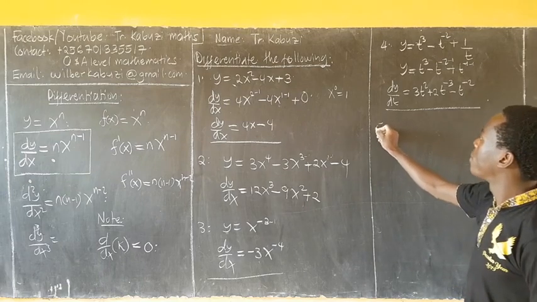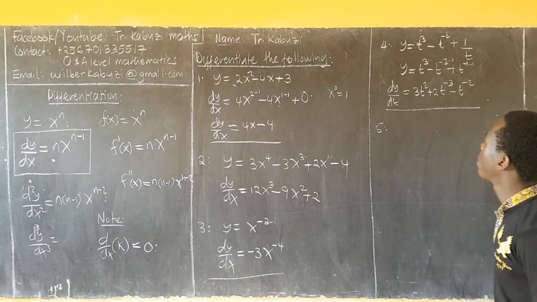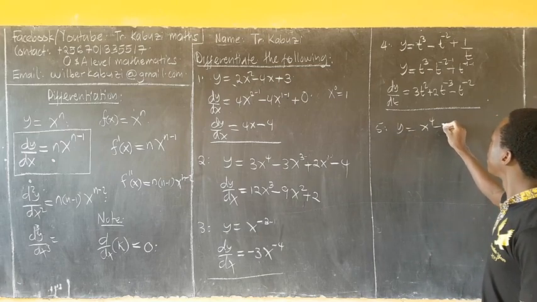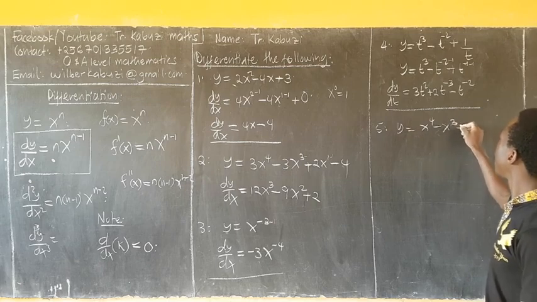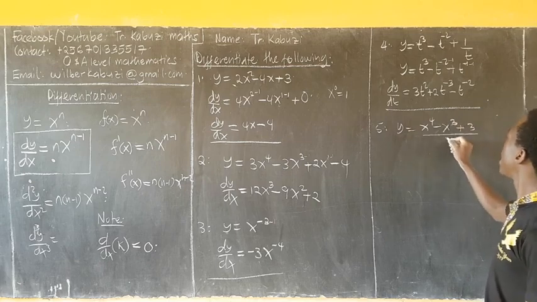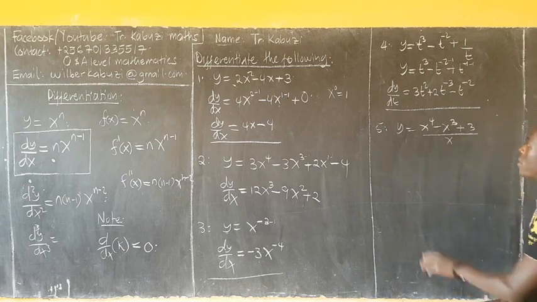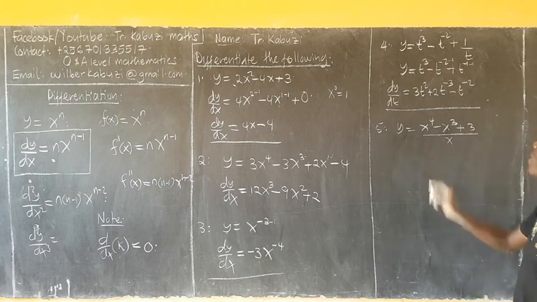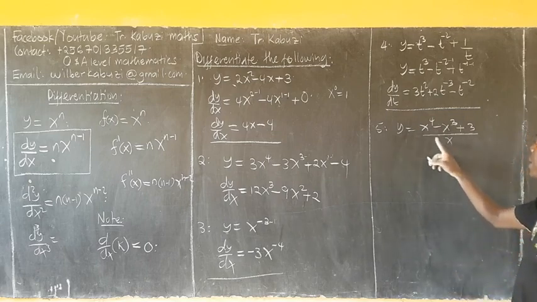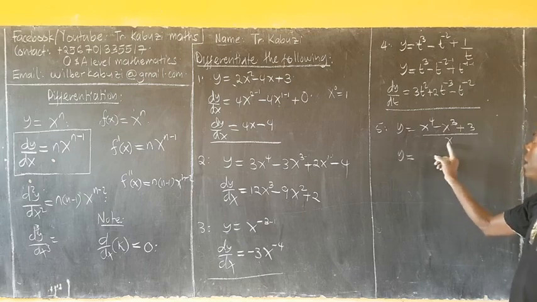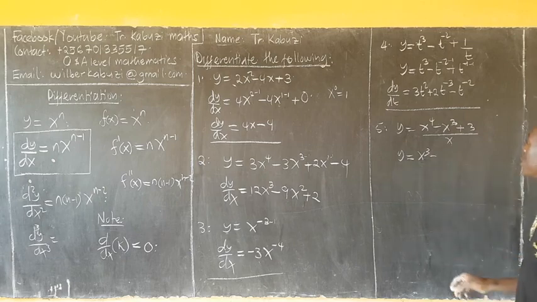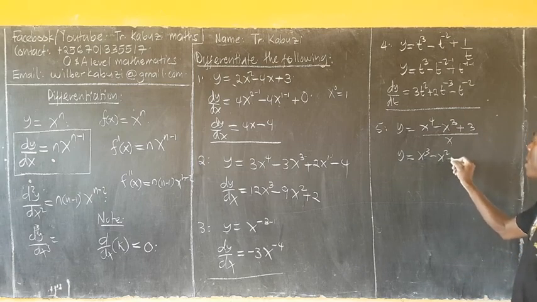In number 5, I'm going to mix. I have y equals x power 4 minus x power 3 plus 3, the whole over x. Now instead, we have something divided, so you can start by separating. x divides x to the 4 to give x cubed, x divides x cubed to give x squared, then plus 3 over x.